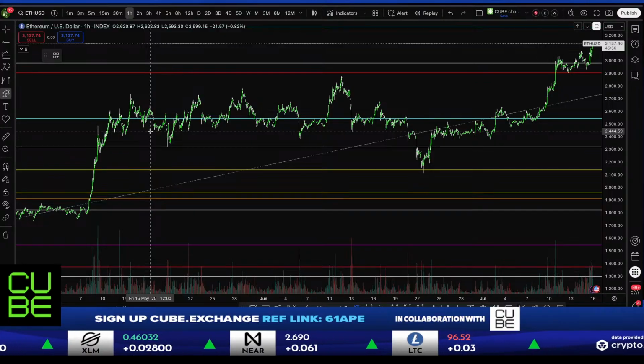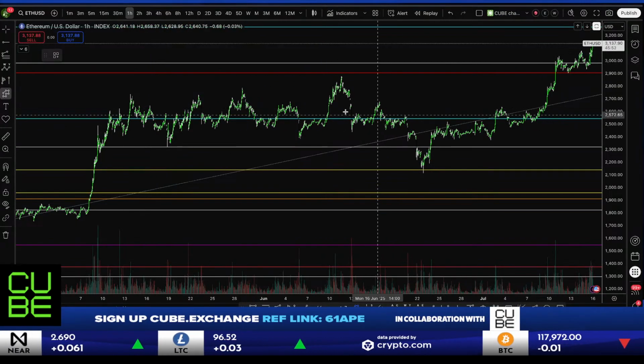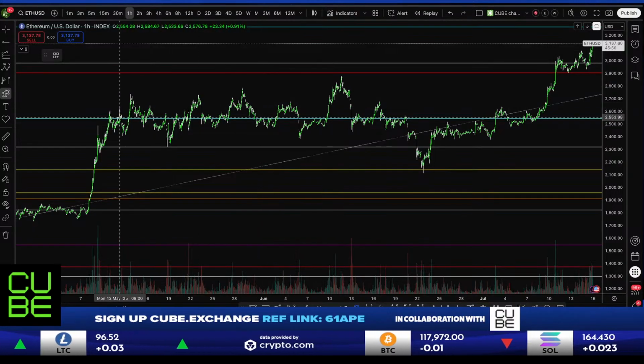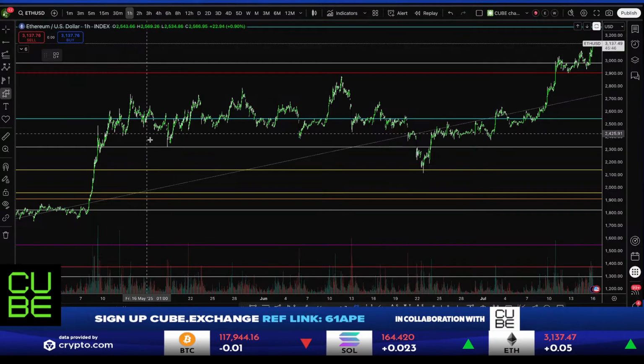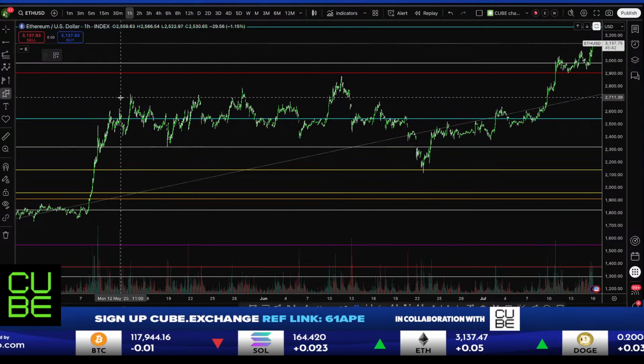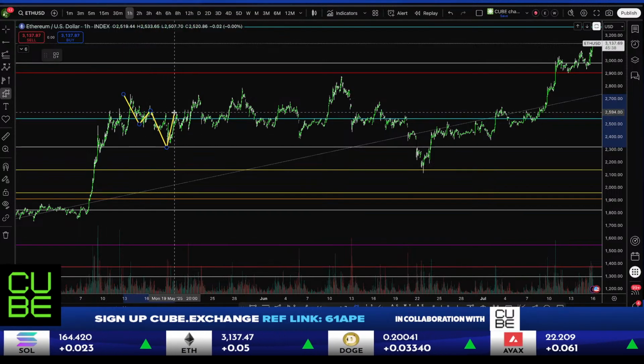Okay. And remember, when it comes to these things, look for ranges like this that stop moving and they move in a series of threes.